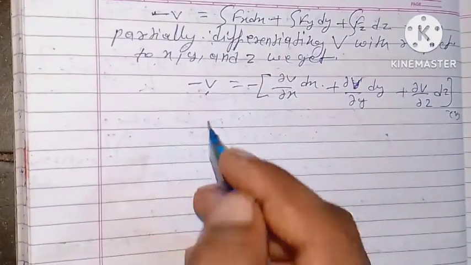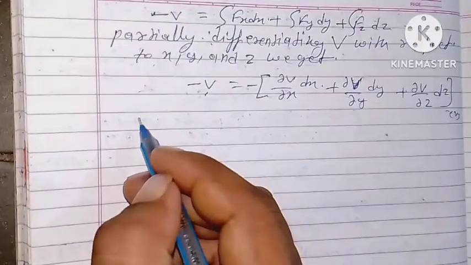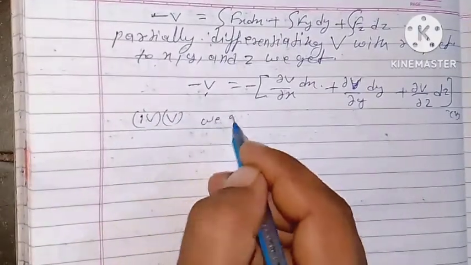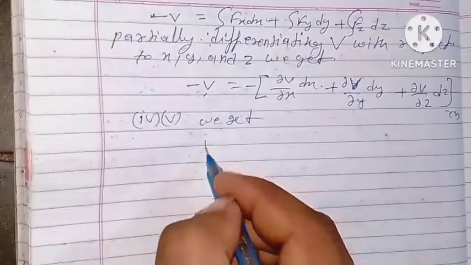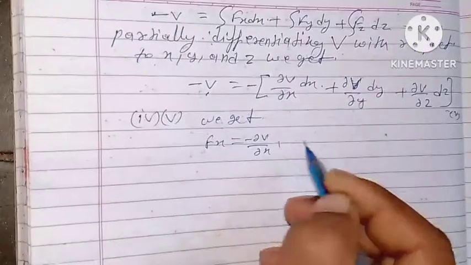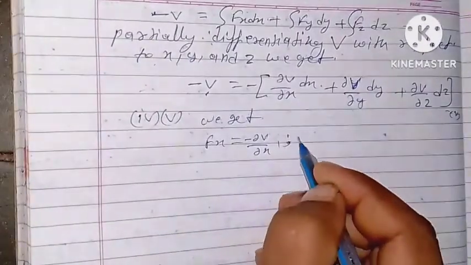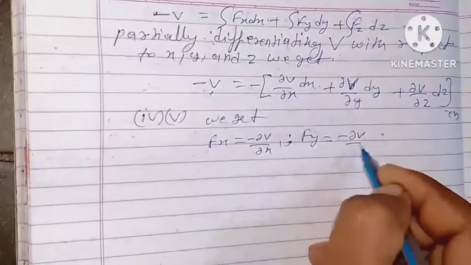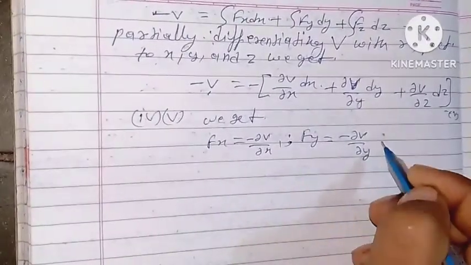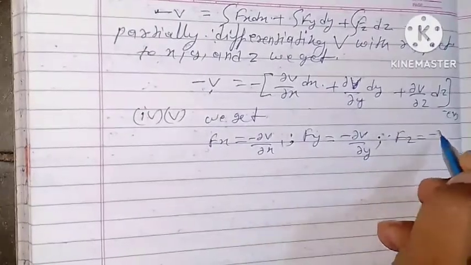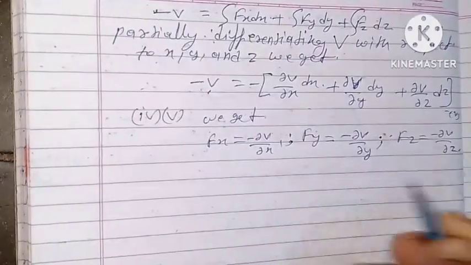Comparing 4 and 5, we get Fx equal to minus del V upon del x, Fy equal to minus del V upon del y, and Fz equal to minus del V upon del z.